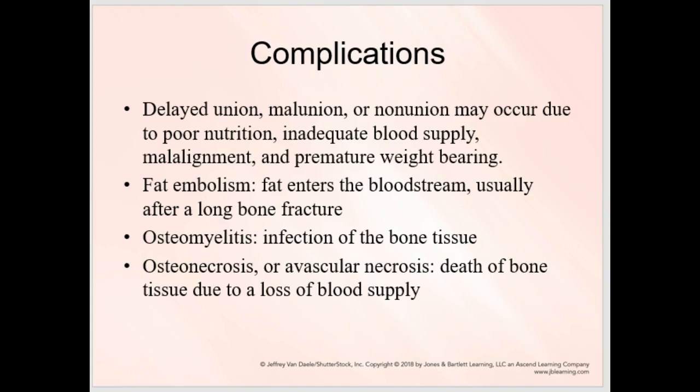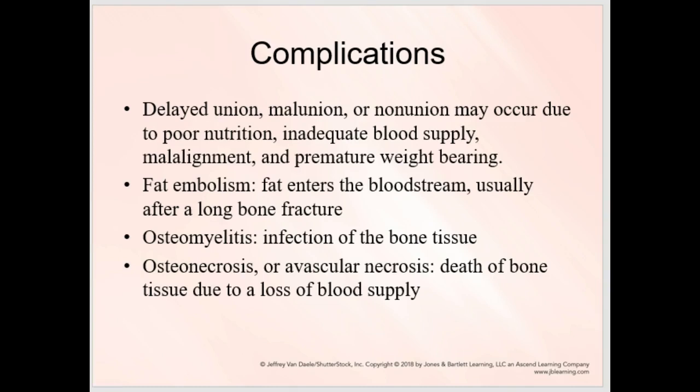So not only do we have fractures, if you cut off the blood supply to a bone, you can have that bone die. Malalignment, we spoke about. Premature weight bearing in a child that's not ready and or doesn't have sufficient nutrients to make the bone strong. Fat embolism, you have some sort of damage, you throw a fat clot that goes into the body after a fracture.